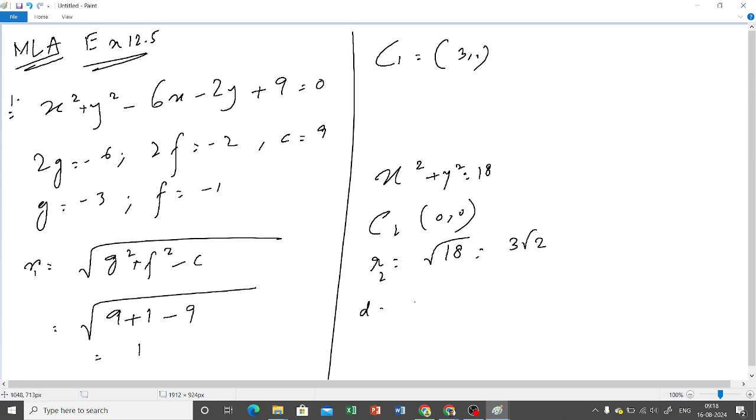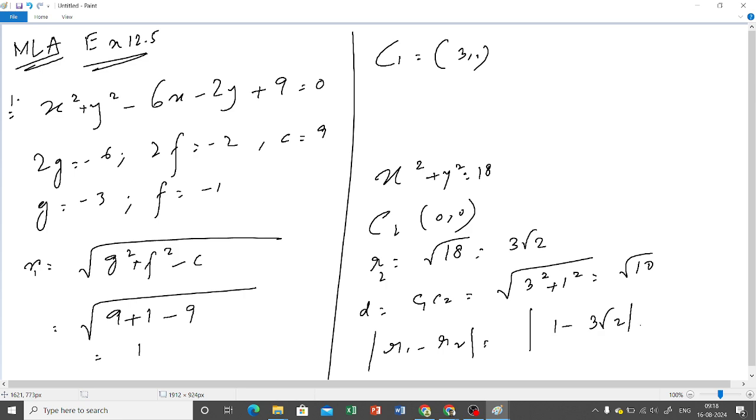So what is d? d is actually C1 C2. There is root over 10. And what is mod of r1 minus r2? There is 1 minus root 2, which is about 1.4, so 1 minus 4.2 gives 3.2, since mod is there, 3.2.